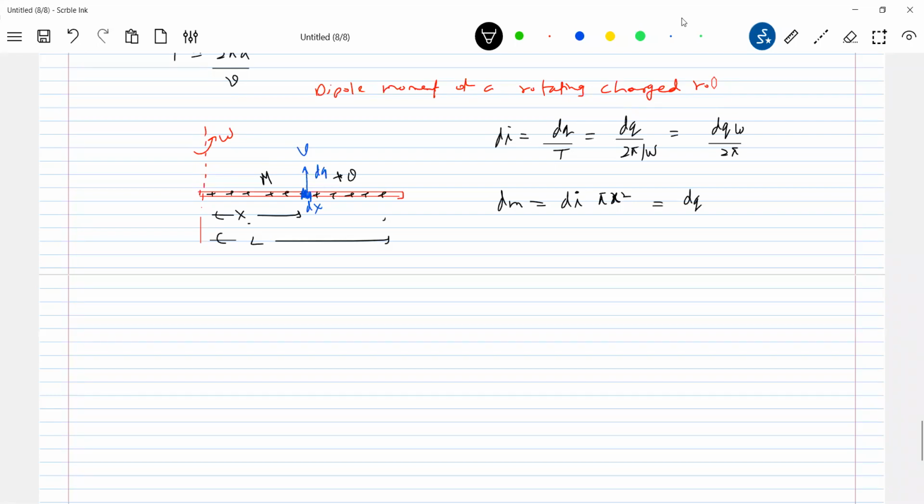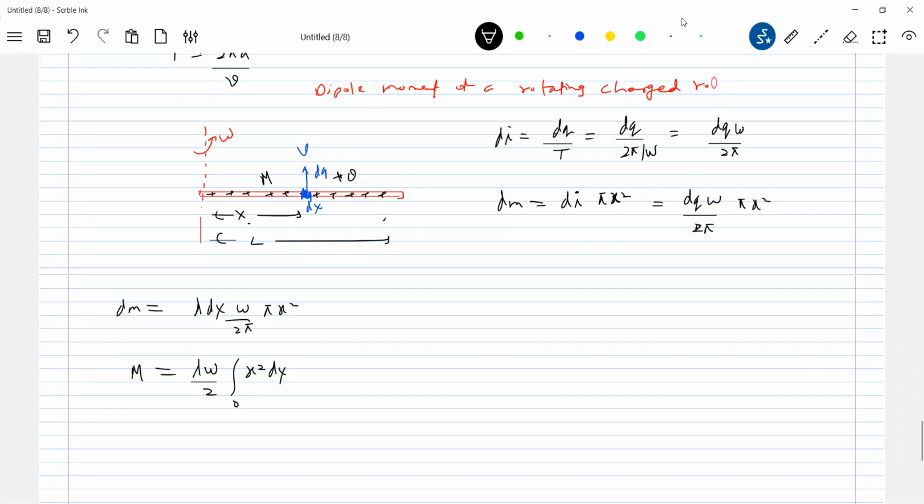This will be dq omega by 2 pi into pi x square. Further, dq is lambda into dx, so dm is lambda dx omega by 2 pi into pi x square. Let me eliminate pi, so this is lambda omega by 2 x square dx.